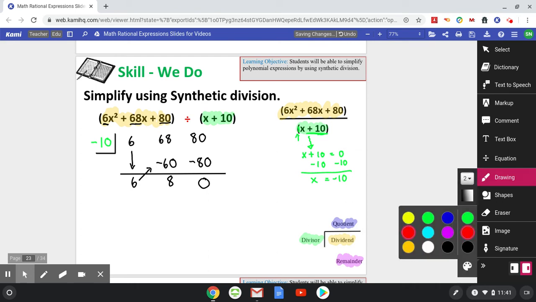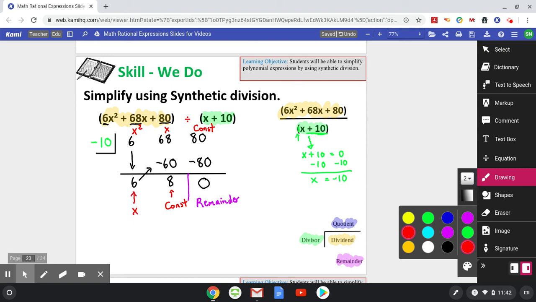If you look at how we originally started the problem, this column is for the x squared, this column is for the x, and this column is for the constant. Because we are dividing, the exponents decrease by 1. That means that this one is the remainder, this becomes the constant, and this one becomes the x.